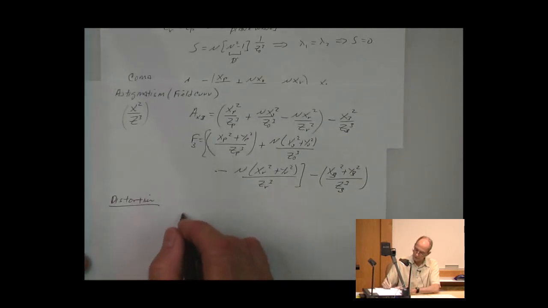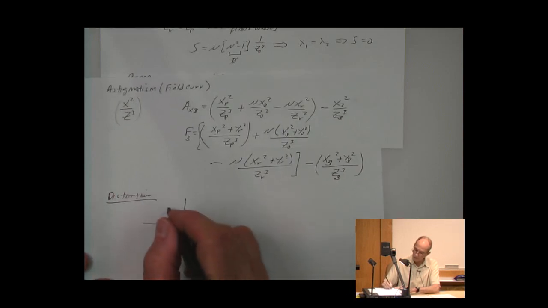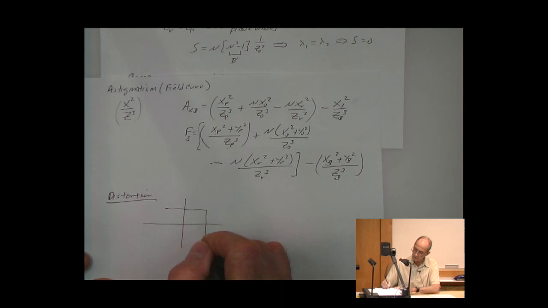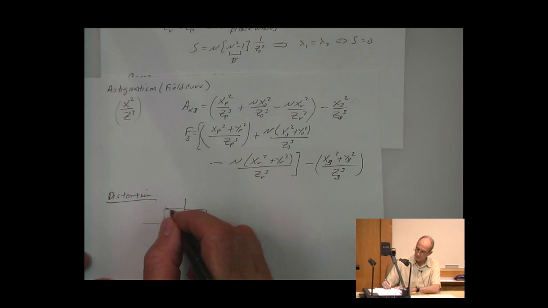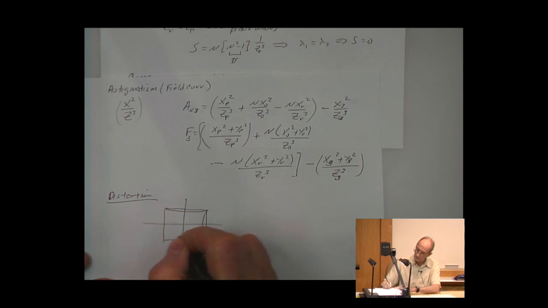If we look at an image which is affected by distortion, if it were supposed to be a square or a rectangle, this could collapse a bit here, forming what's called pincushion distortion.